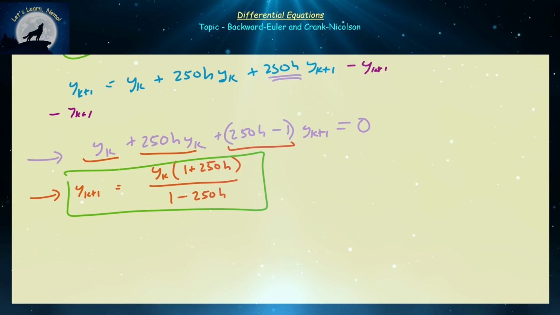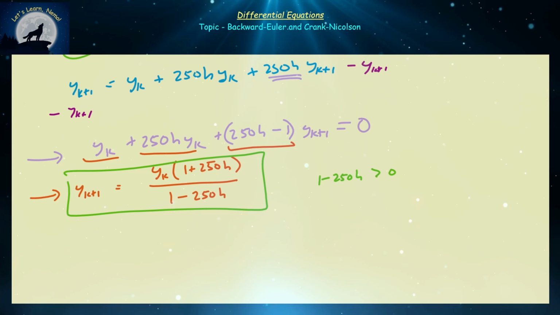So that's going to be our Crank-Nicolson iteration method for our particular example, and obviously you want this 1 minus 250h to be positive, so you avoid any oscillatory behavior.